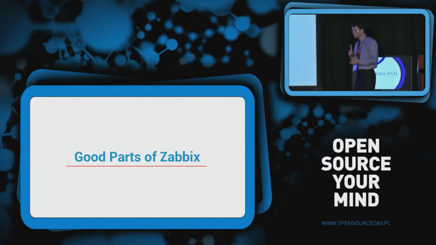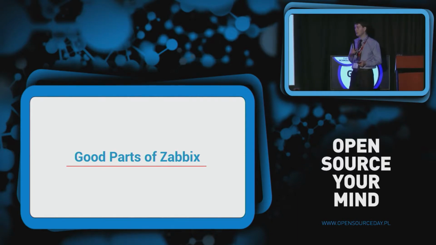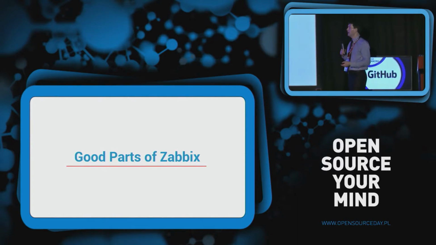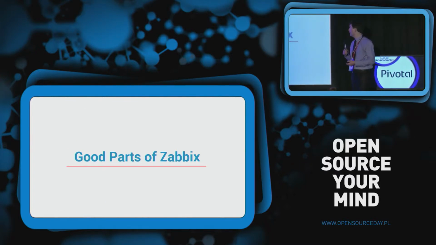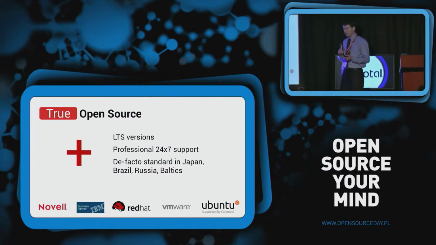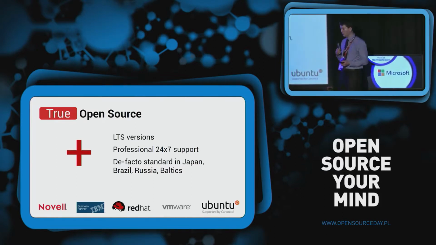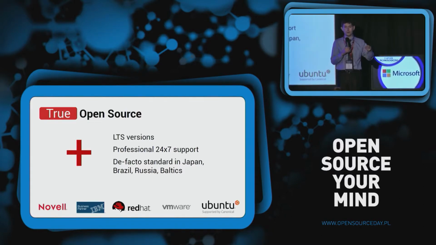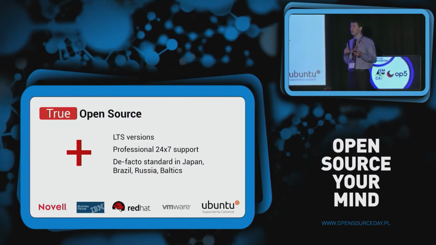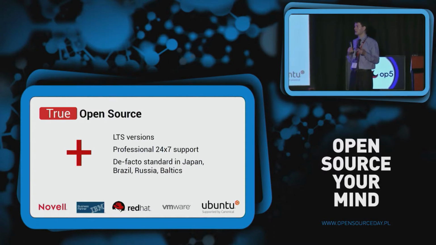Okay, so what makes Zabbix so well anticipated and so adoptable in different industries? First of all, Zabbix is true open source, and I emphasize true. We have a single product, which is open source.